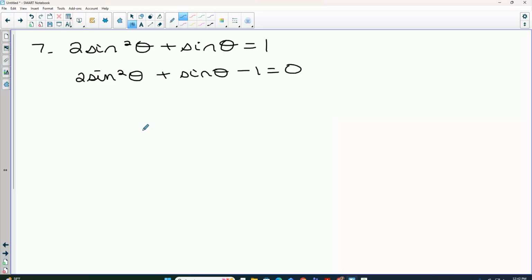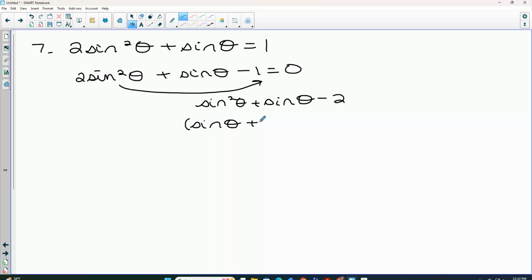So then what do we do? I bring down my 2. Right, multiply to negative 2 and add to positive 1, be a plus 2 and a minus 1.